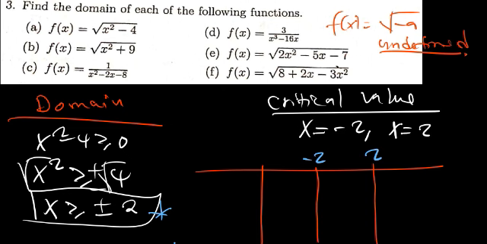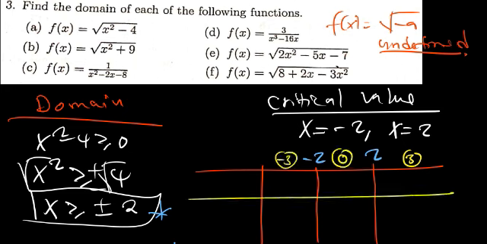I believe, guys, you know about inequalities. So I'm going to put the number that is greater than 2, that is going to be 3. The number that is in between -2 and 2, I can choose any, but 0. And -3. So what I'm going to do now is, if I shift this to the other side, it's going to be x plus 2.